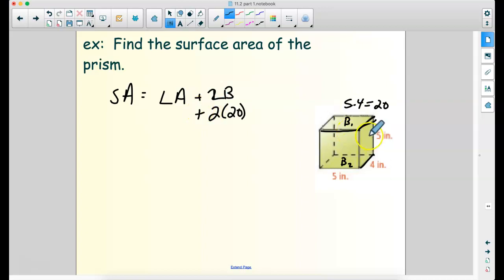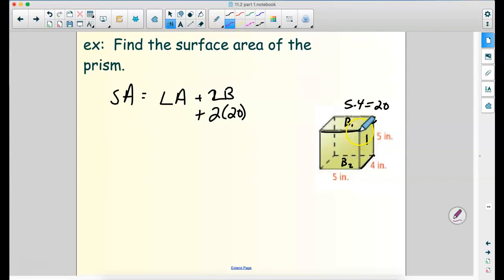Plus, and then the lateral area, this side over here, let me do that in a different color so you know which one I'm talking about. This side that kind of goes on the right, and the back, and then we've got this side, the left side, and then we've got the front. Now, are all those the same shape or same dimensions?